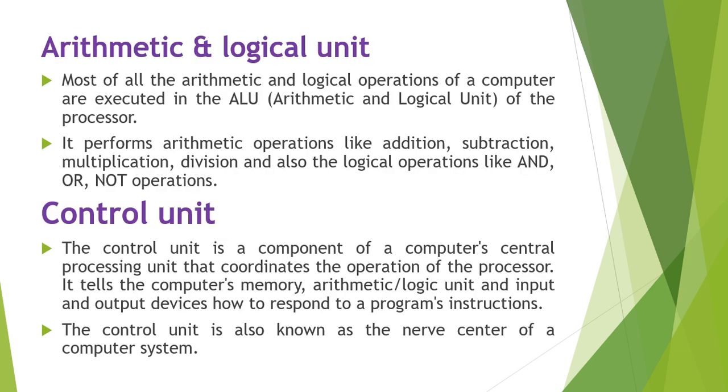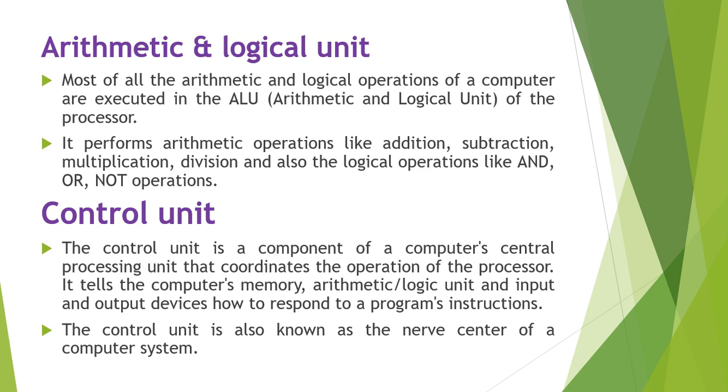Another important unit is the arithmetic and logical unit. It is part of the Central Processing Unit, or CPU. Most arithmetic operations of a computer, like addition, subtraction, multiplication, are executed in the ALU. Moreover, all the logical operations like AND, XOR, OR are executed here.